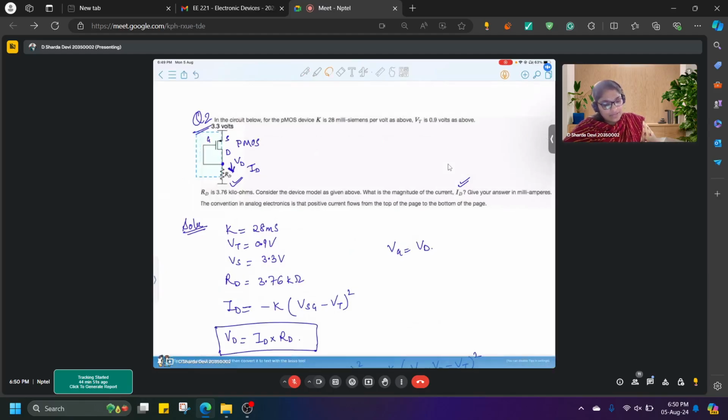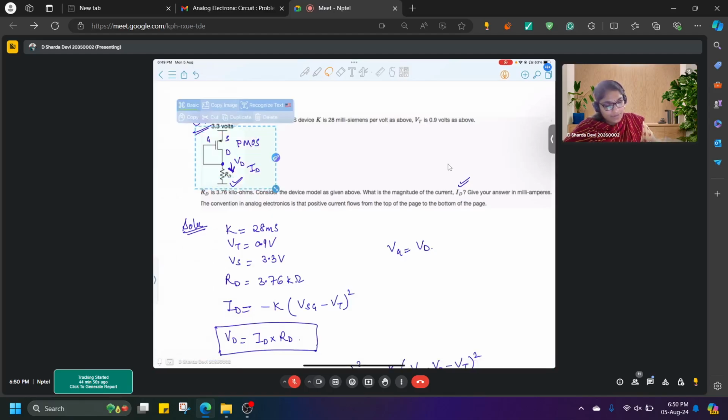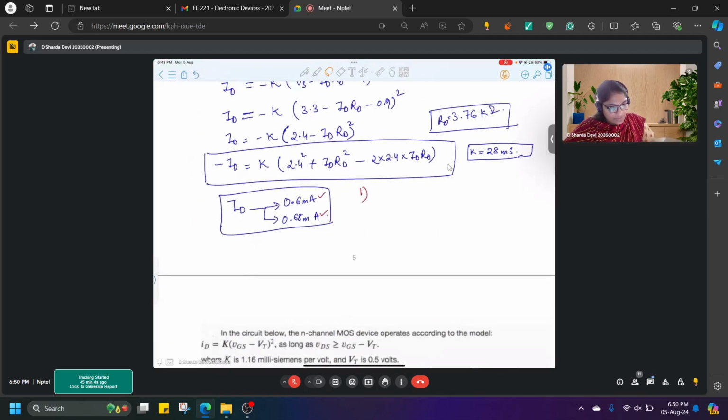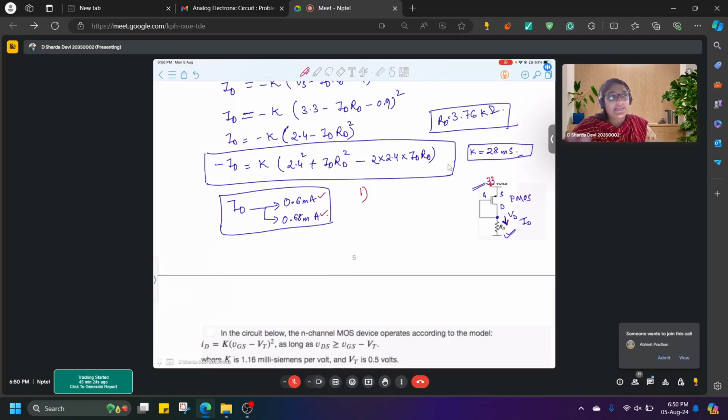This circuit should satisfy the conditions, because the transistor needs to be in the on condition, and secondly it should be in saturation.